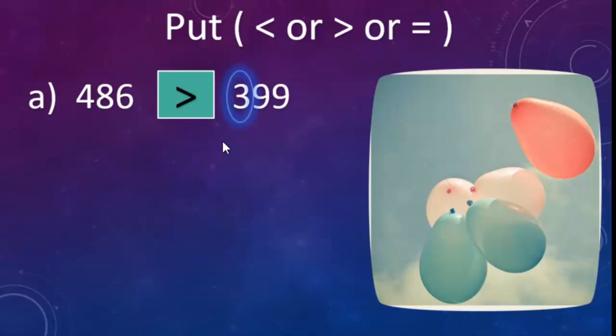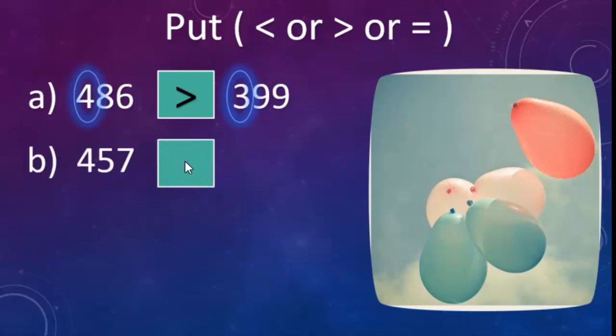Pay attention to the sign. We must count the number of digits of the number before we compare. Here we have 3-digit number 457. And here we have 3-digit number 574. Here we have 400. There we have 500. So 400 is less than 500.